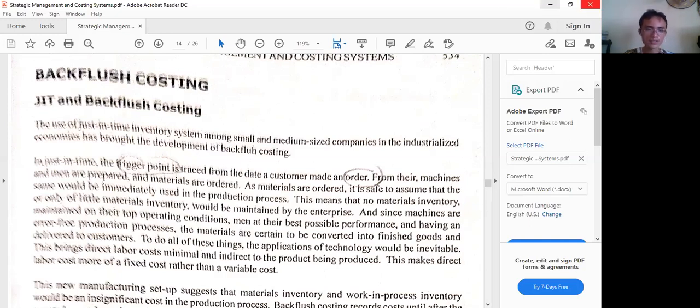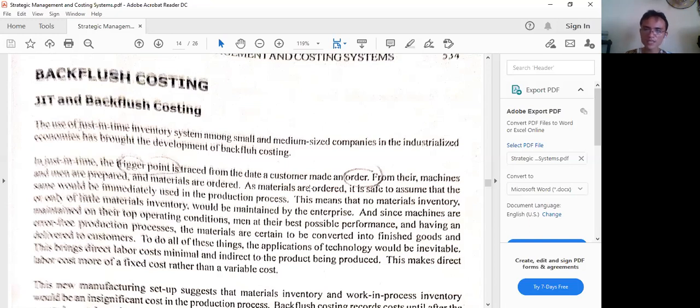That's why we said in just in time, the trigger point is traced from the date a customer made an order. From there, the order will dictate the products to be delivered, and the products would also relate to the specific raw materials, labor, and overhead to be used. So availability should be the paramount consideration, availability of the items for the production of goods.